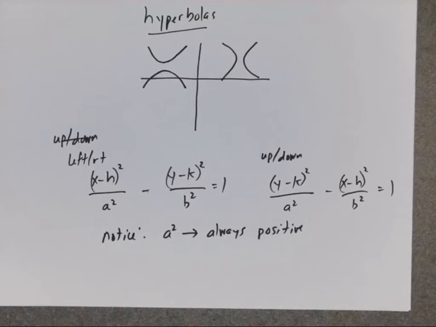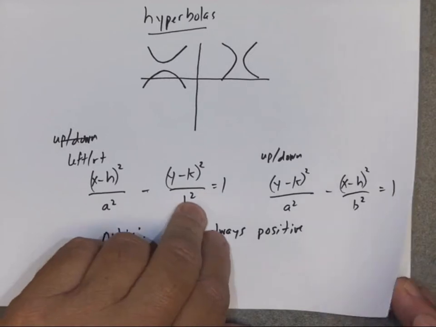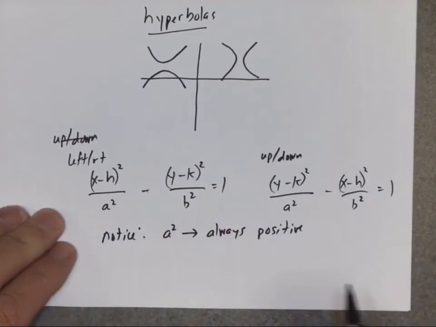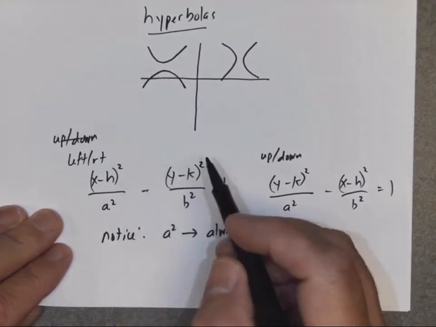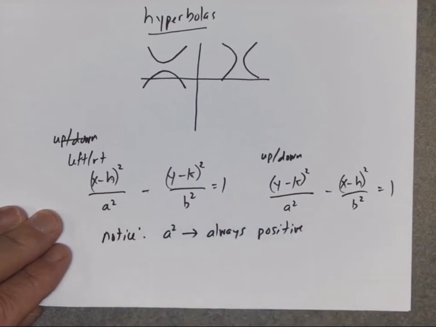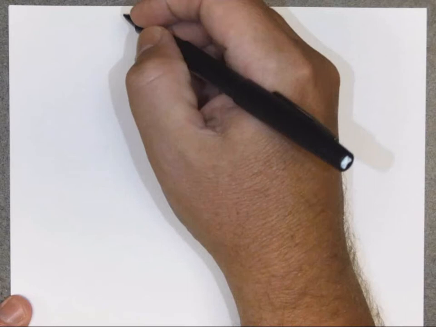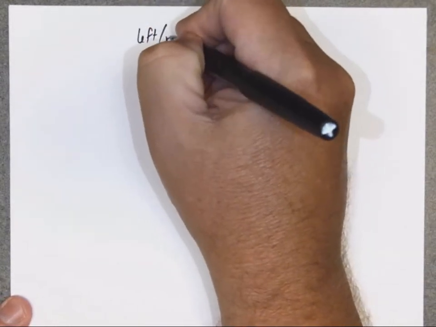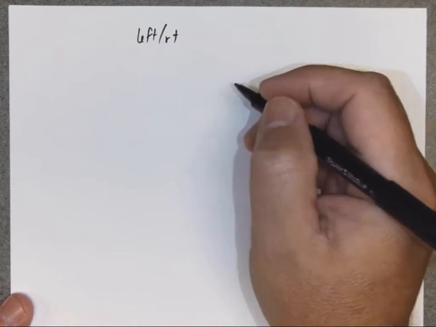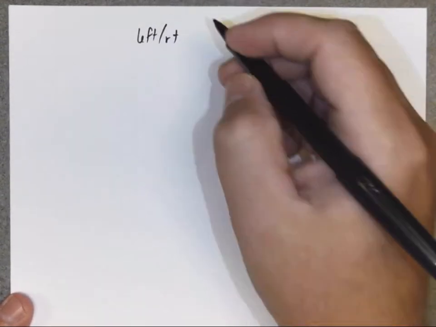Let me go ahead and make a sketch of a hyperbola to define things. I guess the key things are, we've got h and k and a and b. So for example, let's assume we have a sketch of a left-right hyperbola.